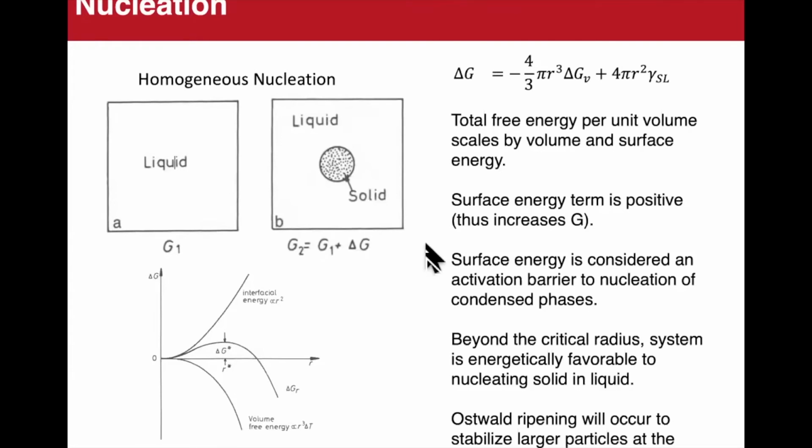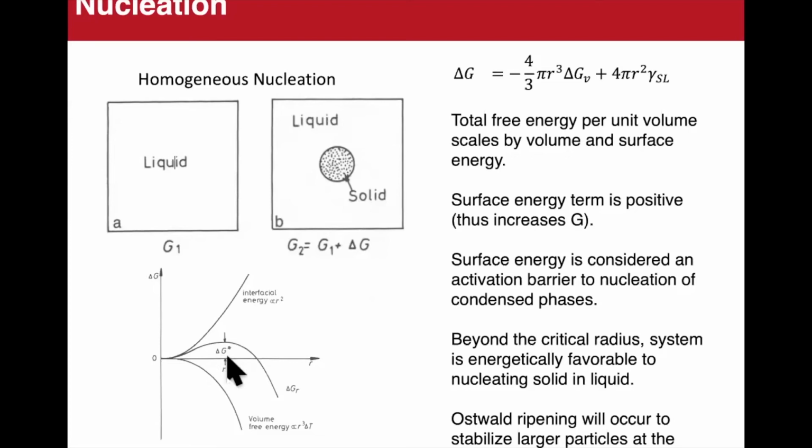But for homogeneous nucleation, this is a review in which the total free energy per unit volume scales by the volume and the surface energy. At first, upon formation, you have high interfacial energy. So not all monomers that form will survive, right? And so this will increase the Gibbs free energy, and it is considered to be an activation barrier to nucleation of the condensed phases.